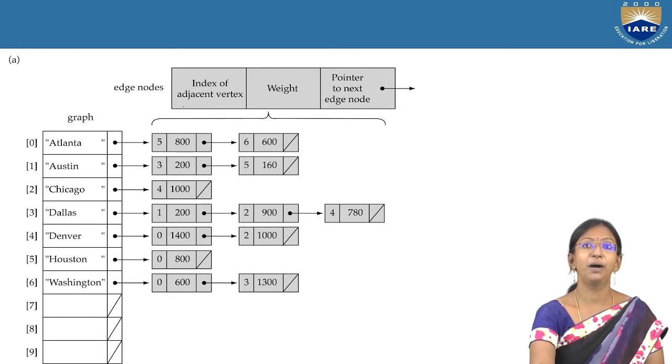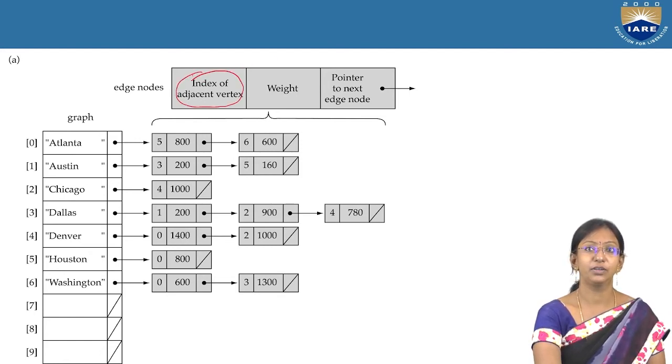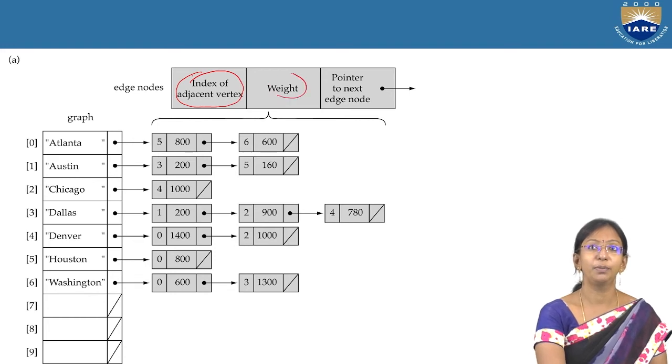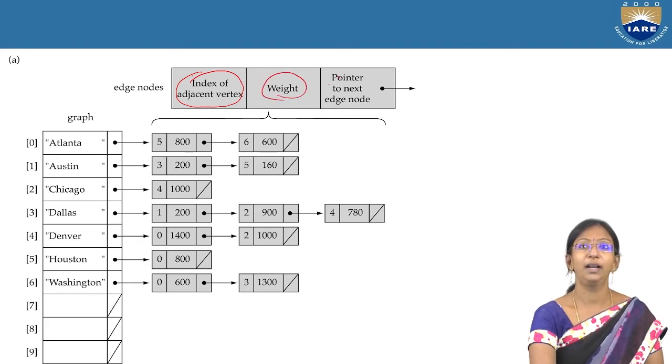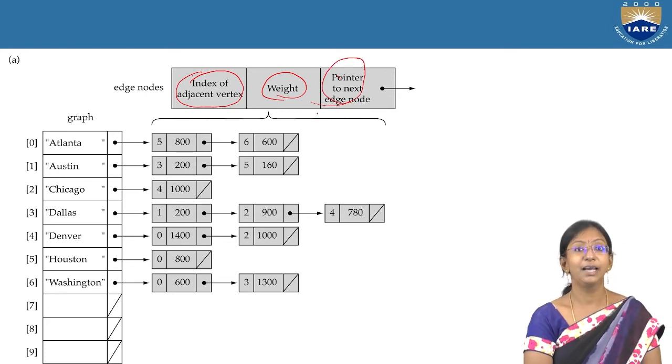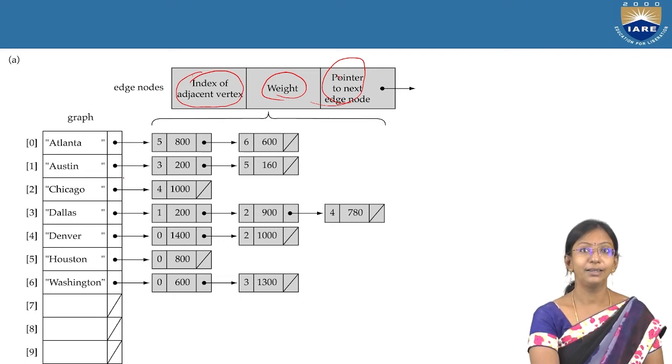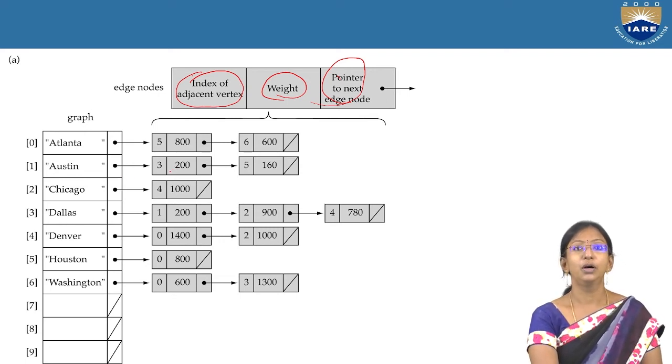So what are the 3 parts? The first is the index of the adjacent vertex. Then followed by the middle part with the weight, and a pointer to the next edge, or you can say the address of the next edge, right? So Atlanta is linked to your node 5, right?